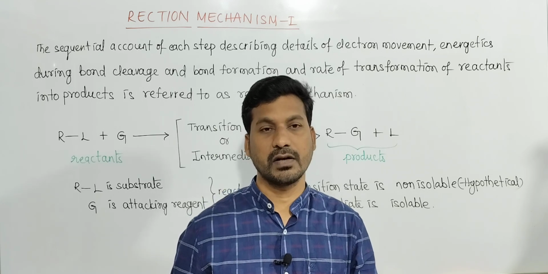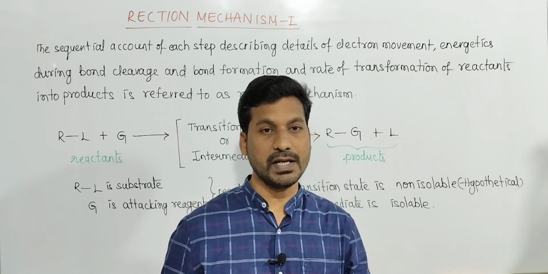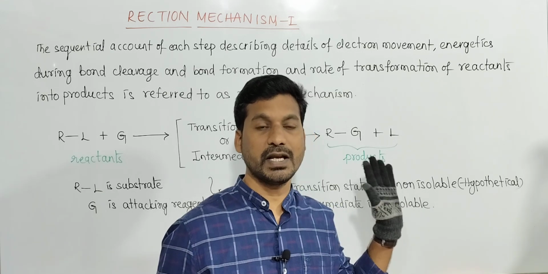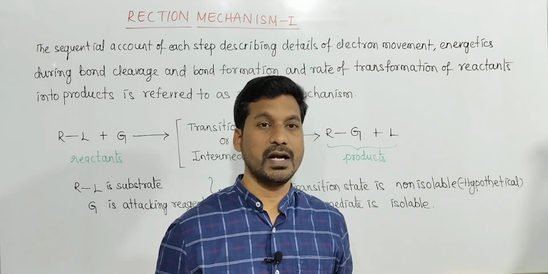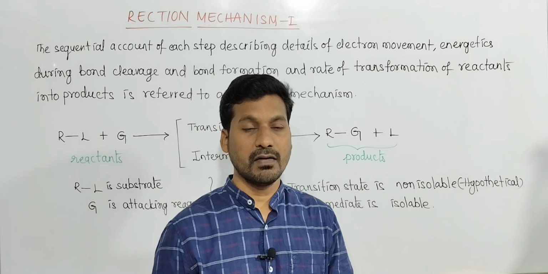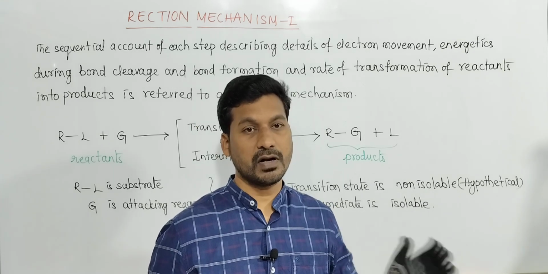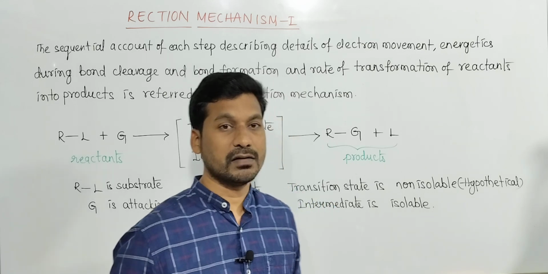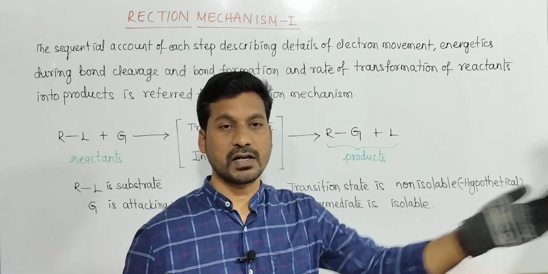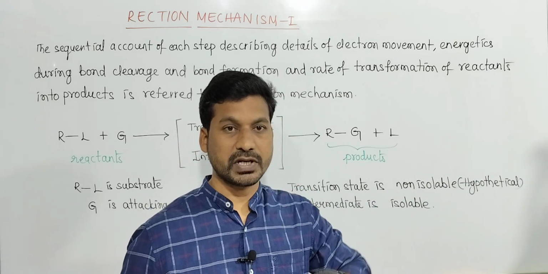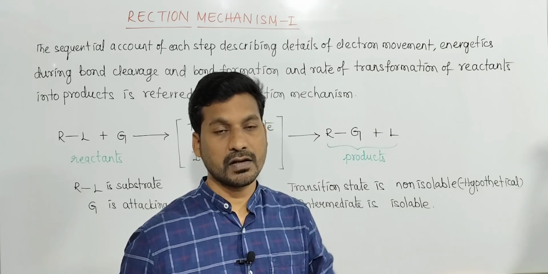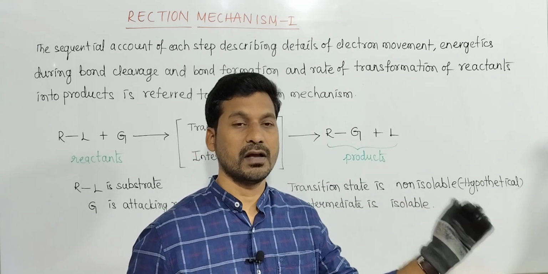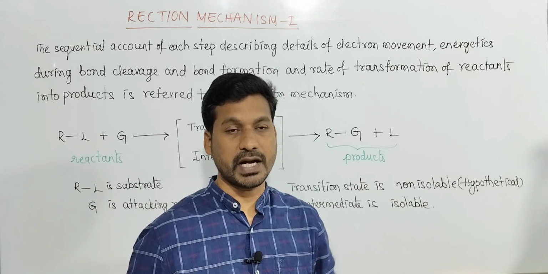What is the reaction mechanism? Reaction mechanism is the sequential account of each step, describing the details of electron movement and energetics during formation of bond and during cleavage of bond, how energy changes, and the rate of transformation of reactants into product, how much time the reaction will take to complete, in how much time the reactants are converted to product. That is kinetics.